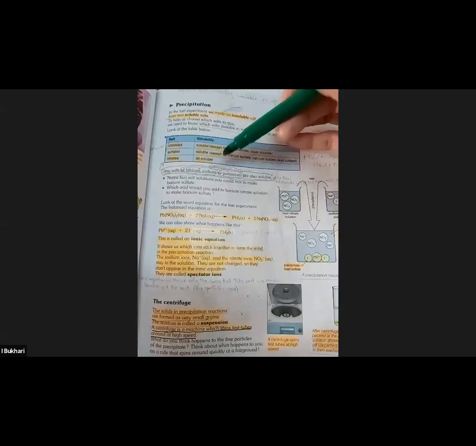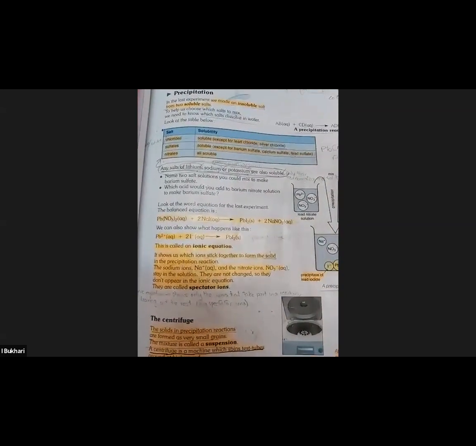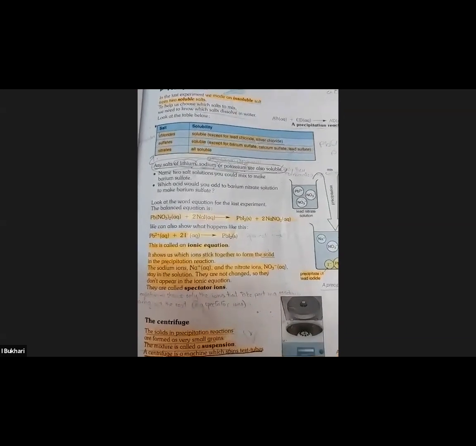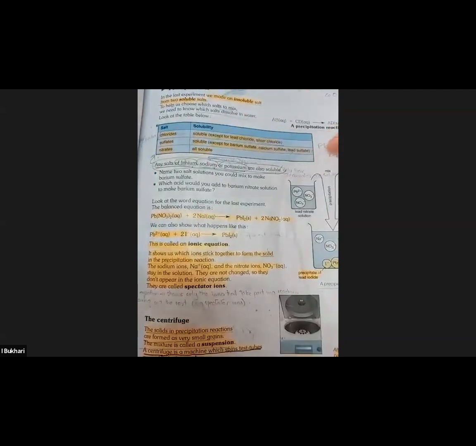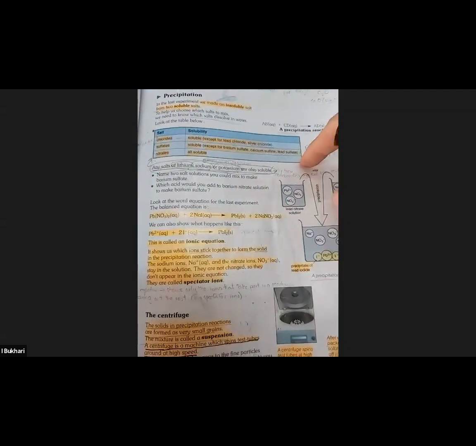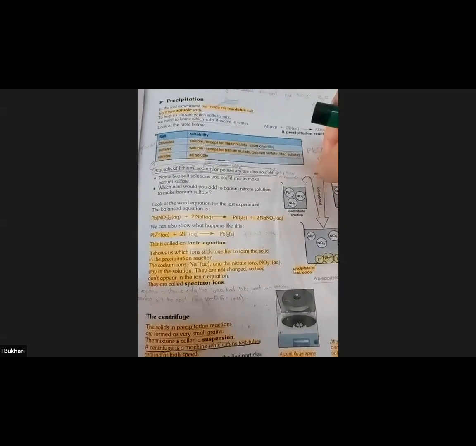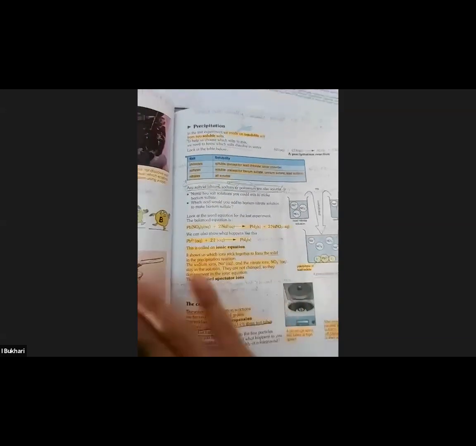Keep asking yourself this list every day, and after a week or so, you will remember it. It's not that hard. Yes, in the beginning it is hard, but once you keep doing it every day, you will remember it, and it will help you a lot.